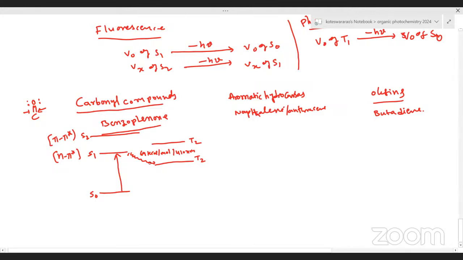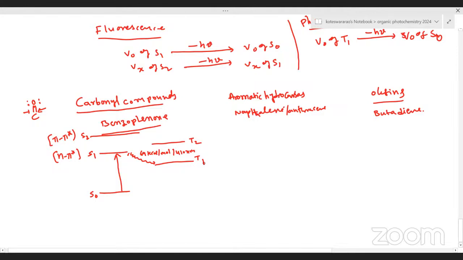The carbonyl compounds are associated with a high intersystem crossing efficiency. Therefore, carbonyl compounds can easily get excited to the corresponding triplets. Sorry, this is the S1, and this is the T1.